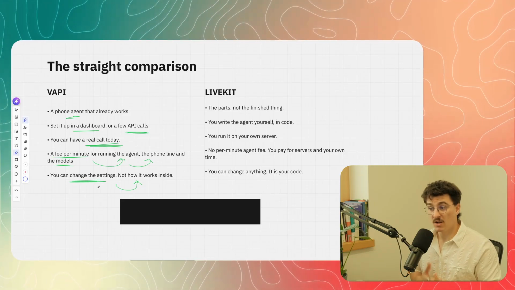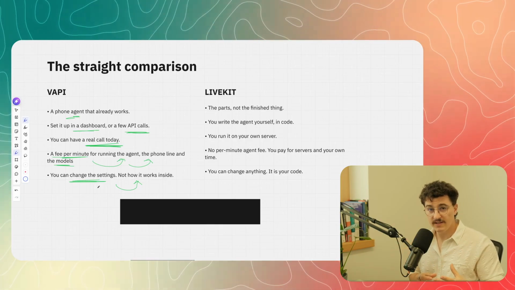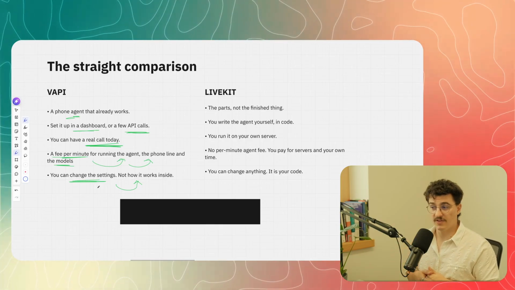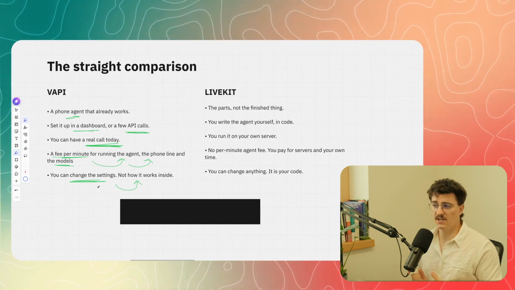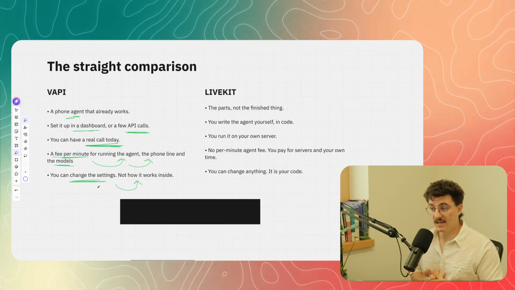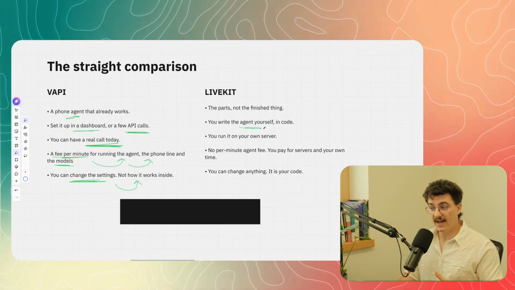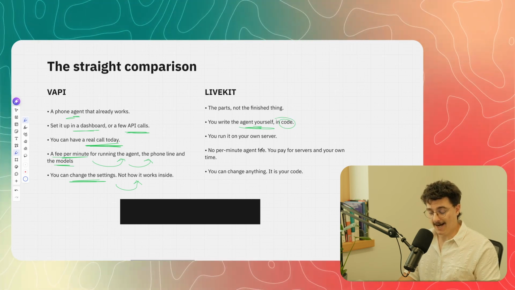And then LiveKit, on the other hand, hands you all the parts that you need to build the agent, but not the finished thing. LiveKit is basically only a Python framework. That's how I would think about it, or you can also write TypeScript. So you write the agent yourself in code. This is important, in code.